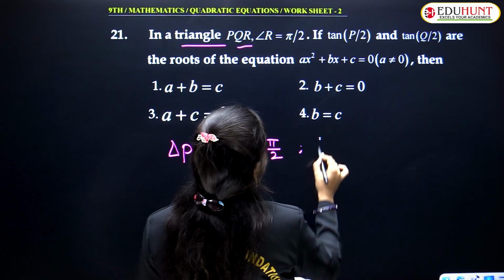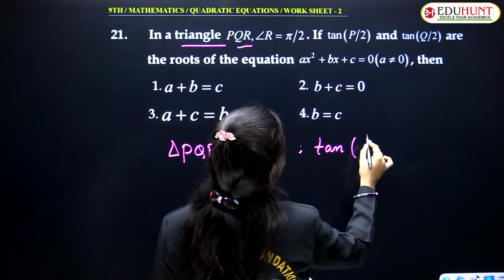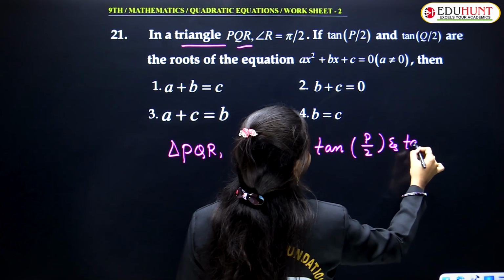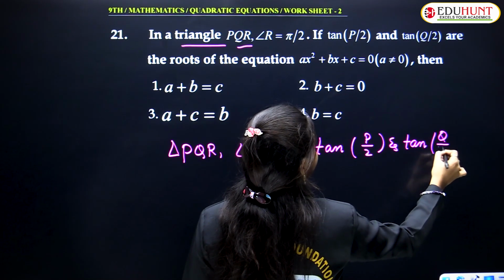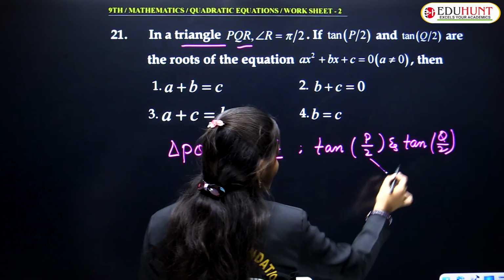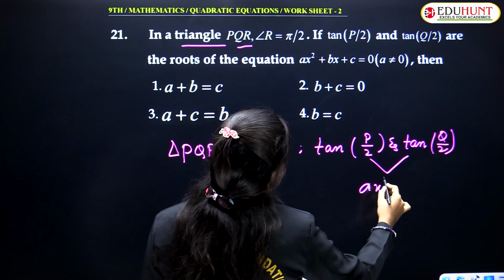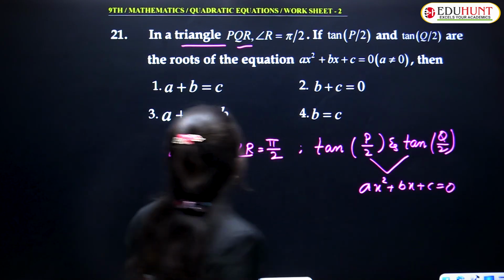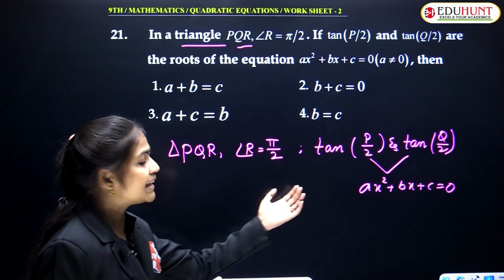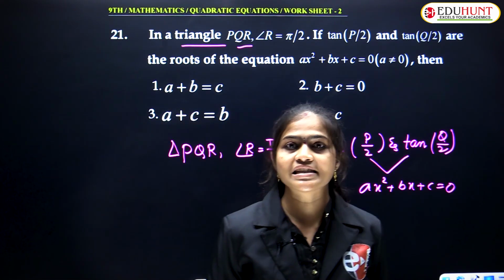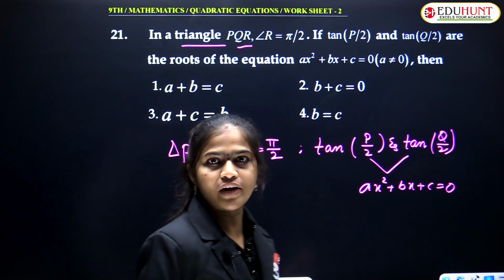And tan P by 2 and tan Q by 2 are the roots of the equation ax square plus bx plus c equals 0. Then what is the condition? What is the relation between a, b, c? We need to find out.